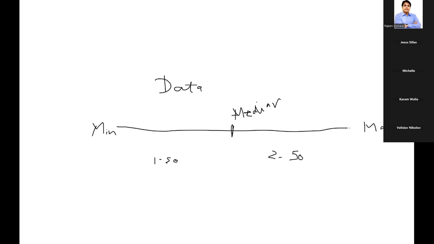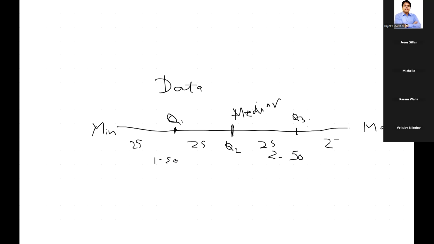Now you take the data only from the median to the max and take the median of that. And from the minimum to the median, take the median of that. So this is Q1, this is Q2, this is Q3. So this is the first 25%, the second 25%, the third 25%, and the fourth 25%.